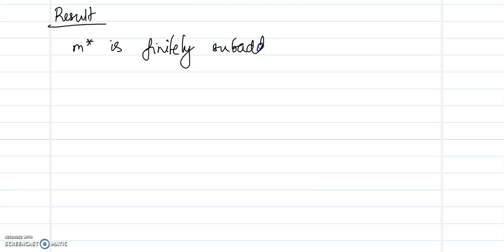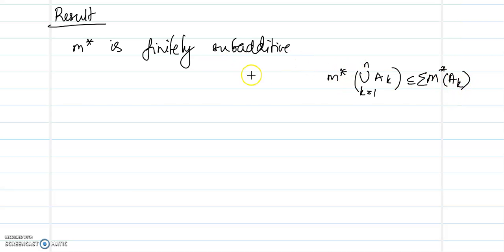Finitely subadditive means that if you take n star of the union, k equal to 1 to n, of a finite number of sets, this will be less than or equal to the summation of n star of each Ak. For countable subadditive, we have the union k equal to 1 to infinity of Ak, which will be less than or equal to the summation 1 to infinity of n star of Ak. So here you have a finite number of sets.